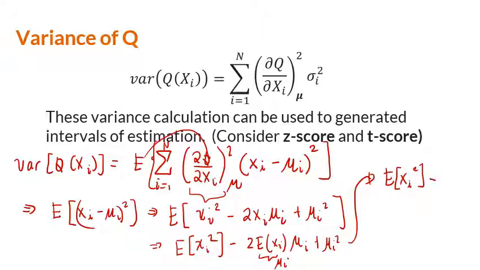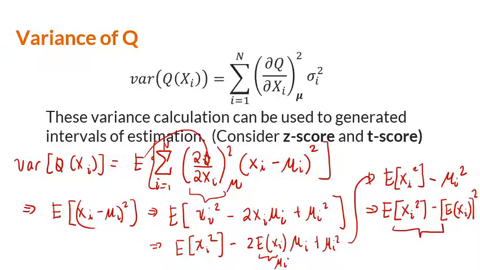So minus mu sub I squared, or this is equivalent to your expectation value of x sub I squared minus, take note, mu sub I is your expectation value of xi. So this is given by expectation value of xi quantity squared. Ang tawag natin dito is variance.